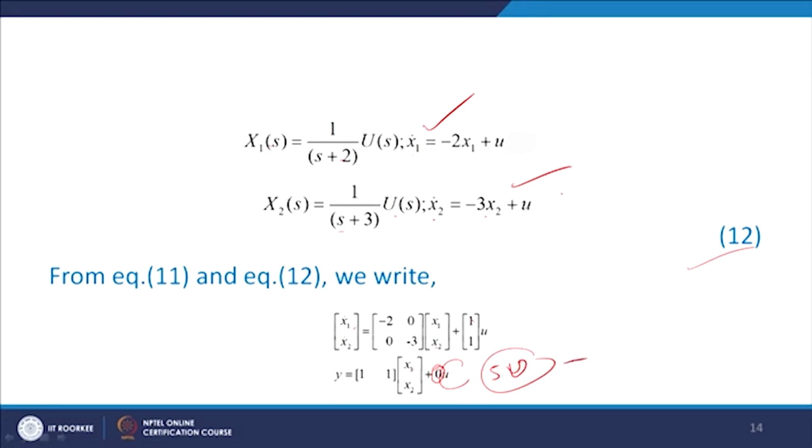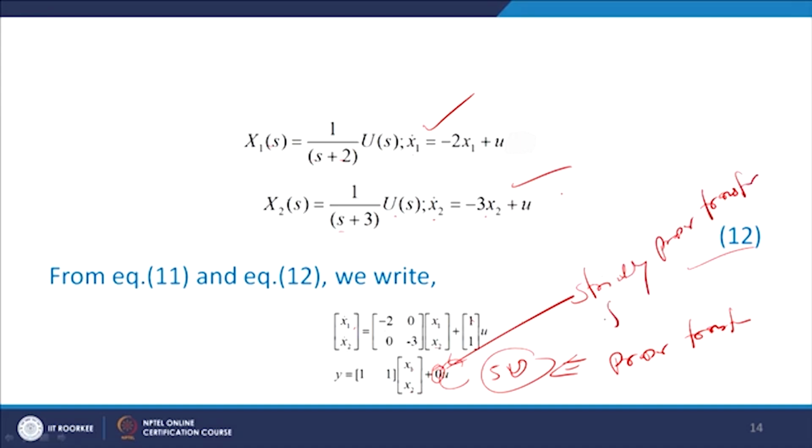That is the case when it is only a proper transfer function, and this 0 has come because of the strictly proper nature. So for a strictly proper transfer function you will get 0, but when proper we will get here 5u if you have taken a problem of this nature.